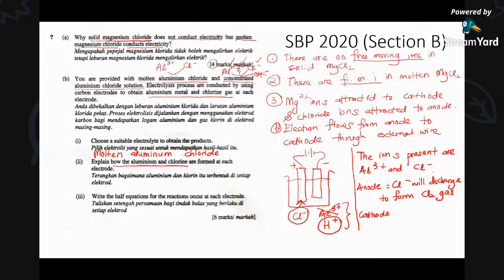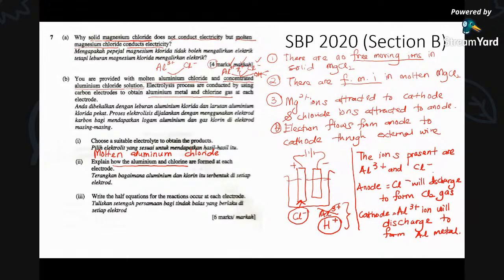And then at the cathode, Al3+ ions will discharge to form aluminium. That's good enough already because you already explained how.